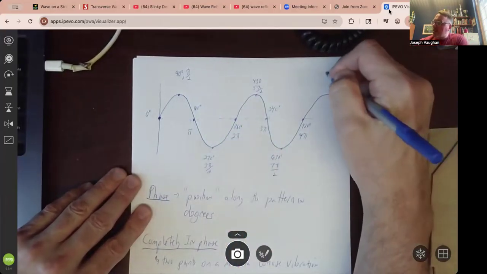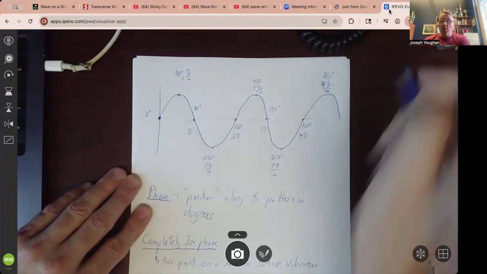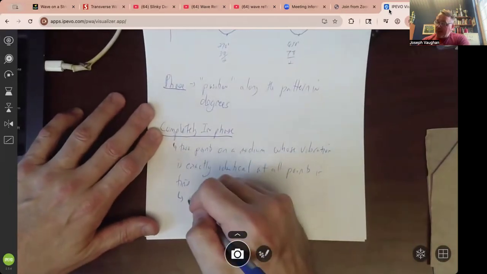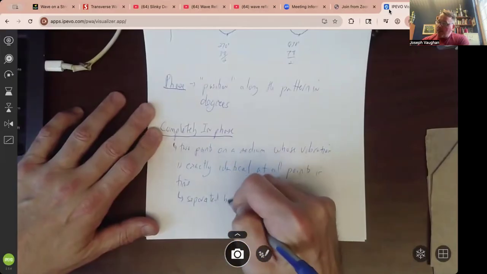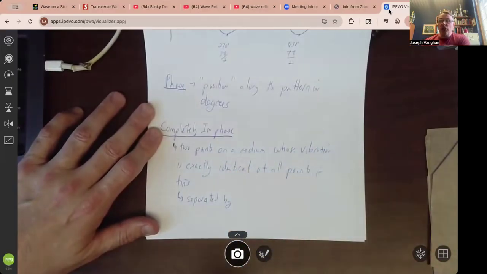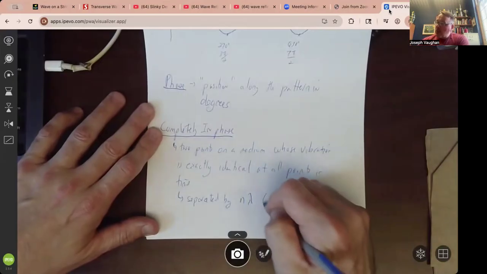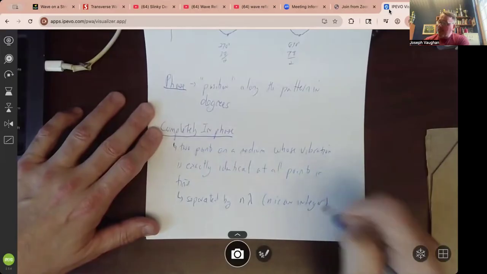Oh, let me give this, this is 810 or 9 pi over 2, right? Would do that as well. And so points that are completely in phase are separated by one wavelength, two wavelengths, three wavelengths, or we'll say n wavelengths, where n is an integer. Okay.